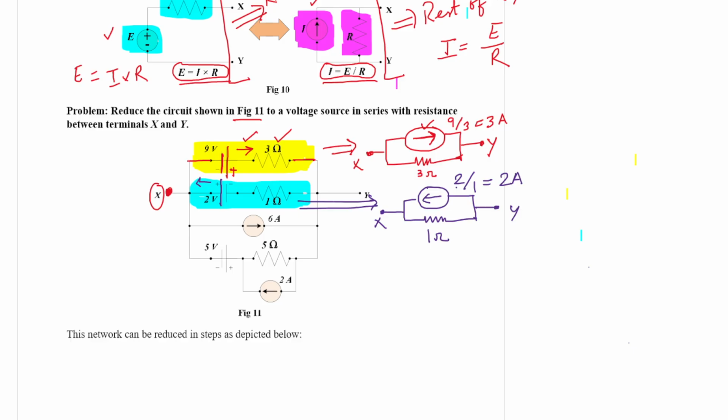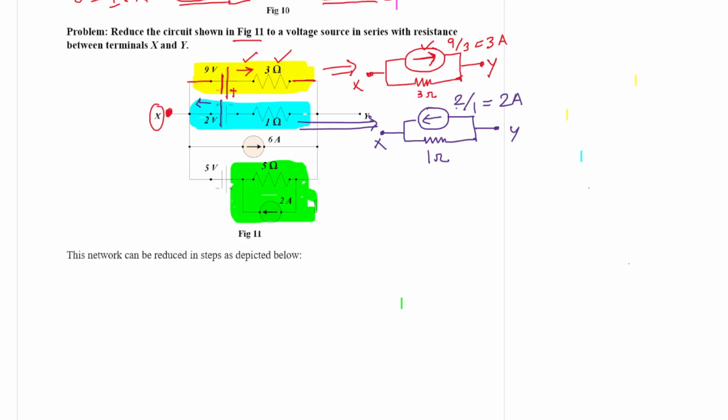Now moving on to the next assembly, you see this assembly, this is 5 ohm in parallel with a 2 ampere current source, right?